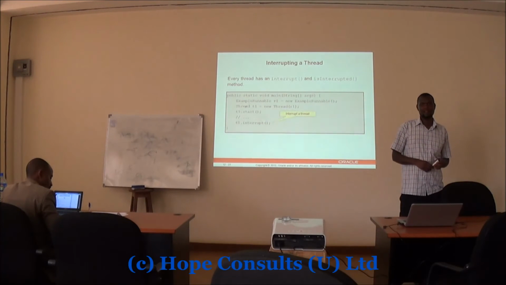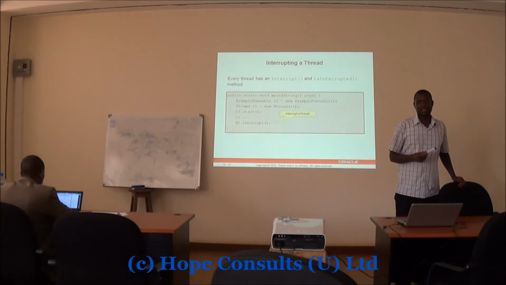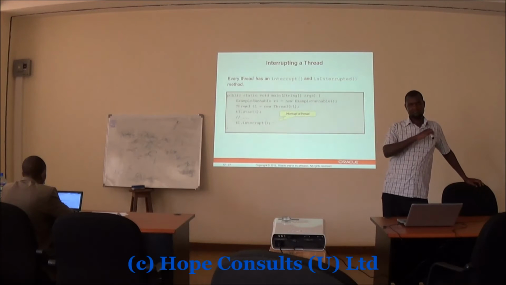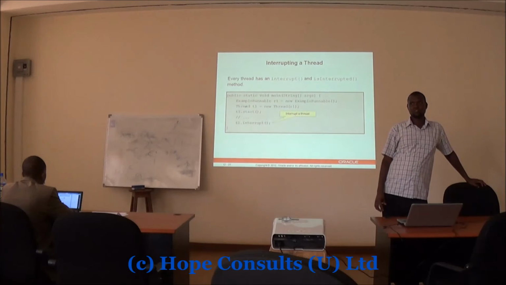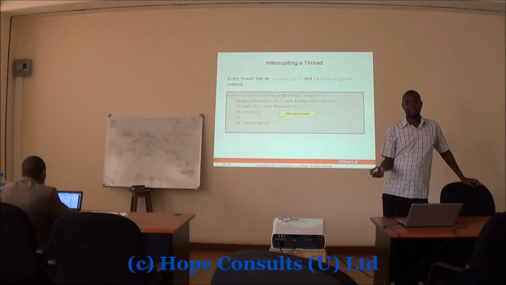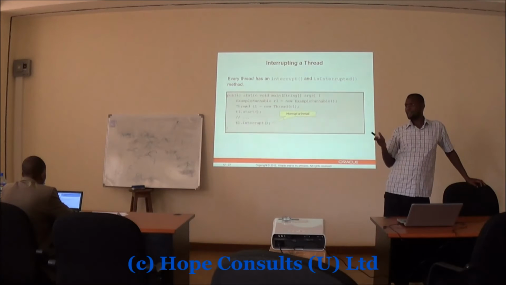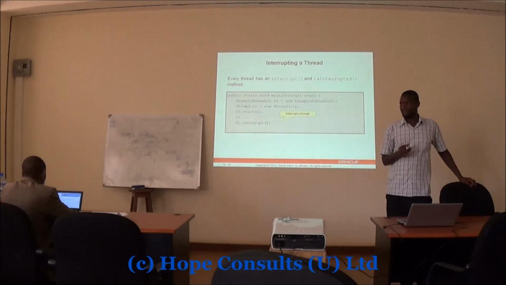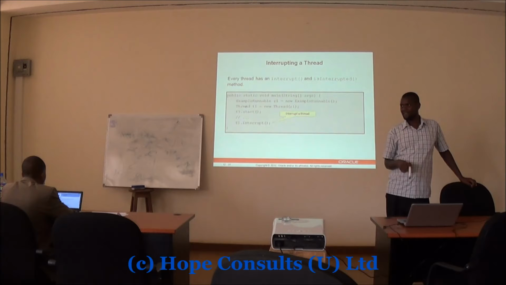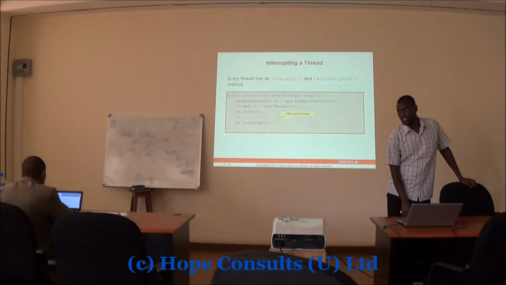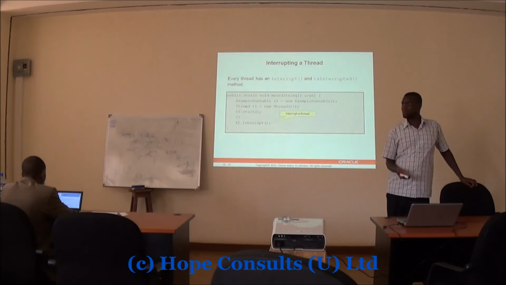And how is interrupt different from stop? Stop will kill it, like a crash. It will not finish what it's currently doing. But interrupt will let it finish what it's doing, and when it finishes, it exits. So when we interrupt, we wait for it to finish execution. Maybe a certain condition has been met.